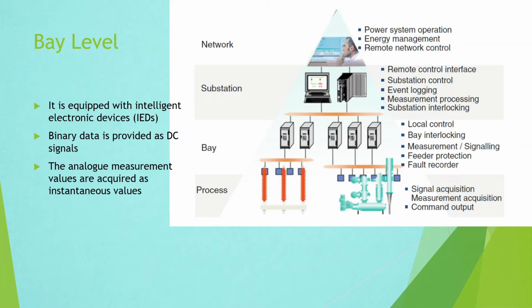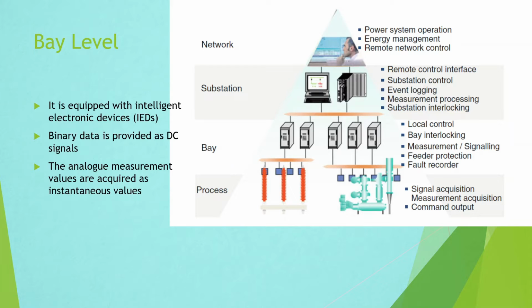It is equipped with intelligent electronic devices which provide the interface of the process data acquisition. The conventional way of the data exchange is their acquisition or provision on parallel input-output contacts for binary and analog values of IEDs at the bay level. Consequently, each data needs its own wire and contact.